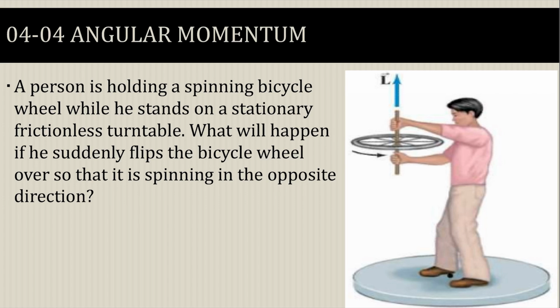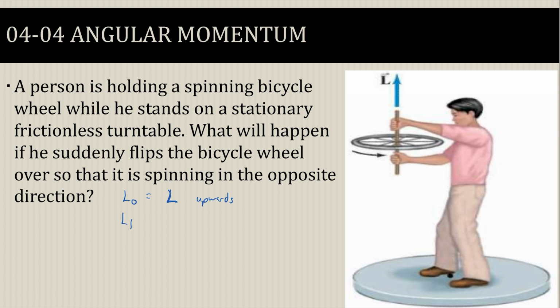A person is holding a spinning bicycle wheel while he stands on a stationary frictionless turntable. What will happen if he suddenly flips the bicycle wheel over so it is spinning in the opposite direction? All right, so if we look at the person on the turntable, the person and the wheel are the system. So the initial angular momentum we're going to call L, and it is going upwards.